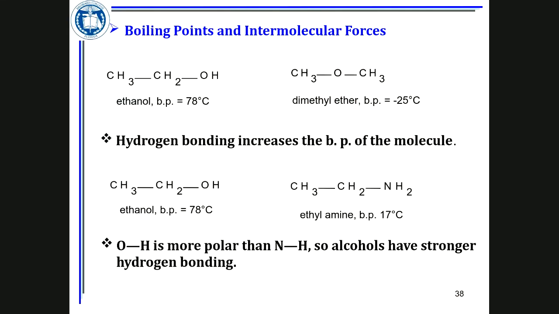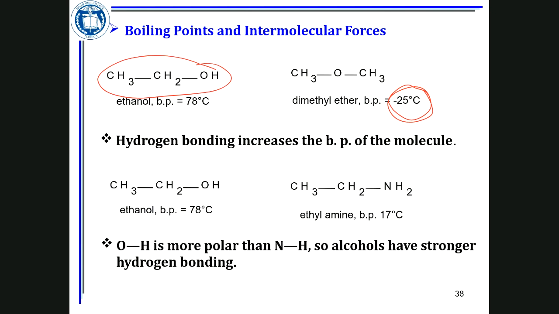Okay, if you compare here, oh, it's not even 16 that I had. I take it back. It's minus 25 boiling point for dimethyl ether. And dimethyl ether has dipole interaction, but ethanol here has the OH bond with the hydrogen bonding.